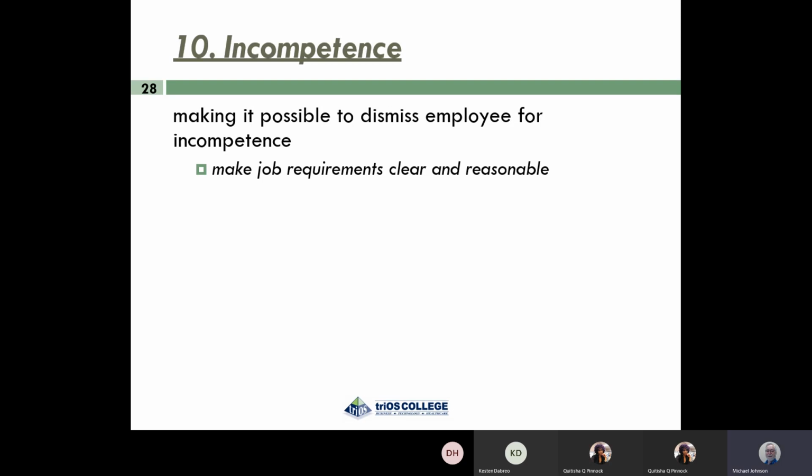So if I keep good records and I've tried everything I possibly can, it may be necessary to dismiss the employee. Making job requirements clear and reasonable, therefore there shouldn't be any misunderstandings. But sometimes people get jobs because they have a good argument to get that job, and they may actually lie a little bit on their resume.